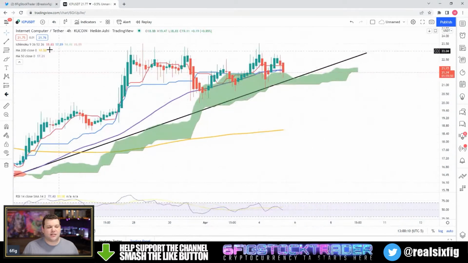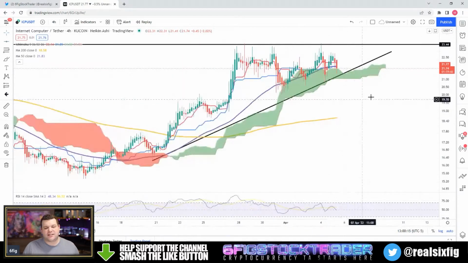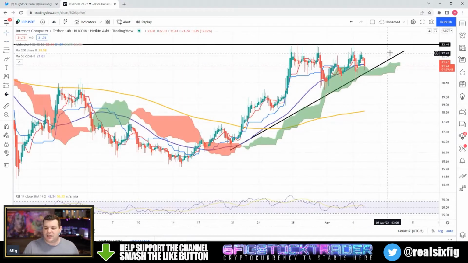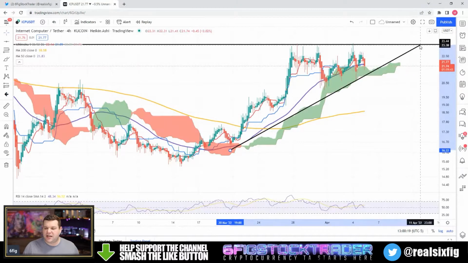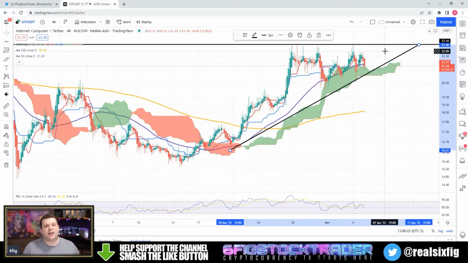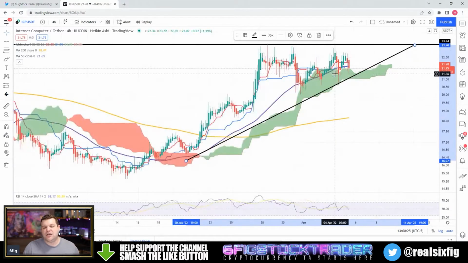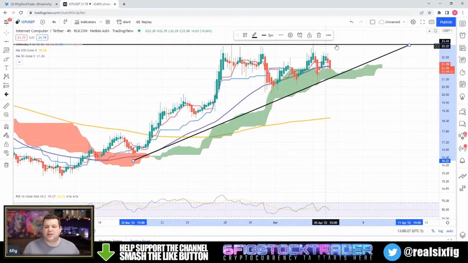We can see that this ascending triangle is still filling out quite nicely. So I do think that within the coming days, maybe going out towards April 11th, somewhere in that neighborhood, we will continue to see ICP do this upward sideways consolidation.